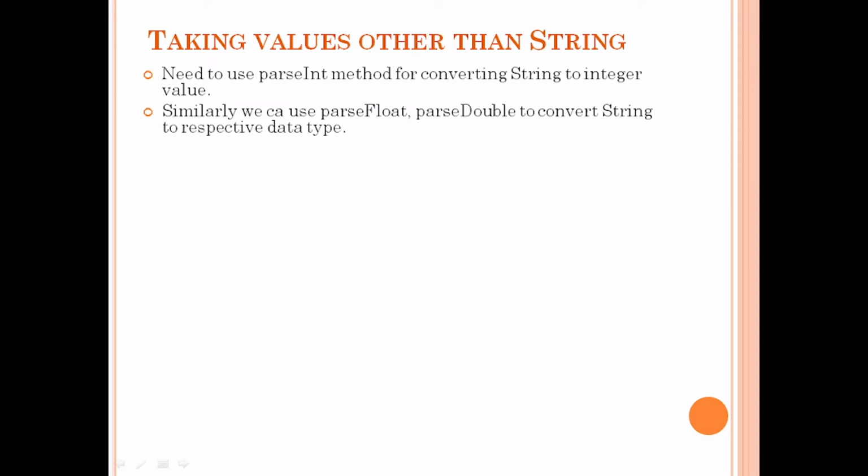Same way, if you want to enter float value, then we need to use parseFloat. For double, we need to use parseDouble to convert string into respective data types, because whatever values entered by users are always taken as a string in Java. So let's see the example of how we can convert string values into respective data types.